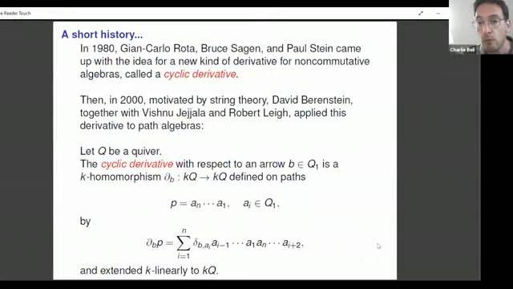You sum over all these cyclic permutations of the path. Of course, if it's not a cycle, then these will be killed off just by the path algebra relations. Then you extend this K-linearly to the whole path algebra.